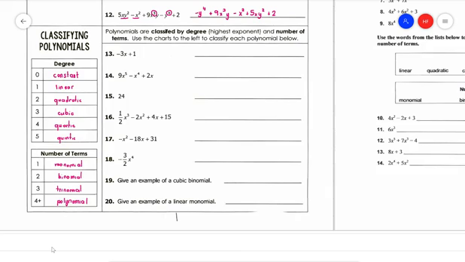On number 13, we're going to classify each polynomial by degree and number of terms. So there's 1 term here, 2 terms, 2 terms, and the highest degree is a power of 1 on that x. So 2 terms and degree of 1, which means I have a linear binomial.